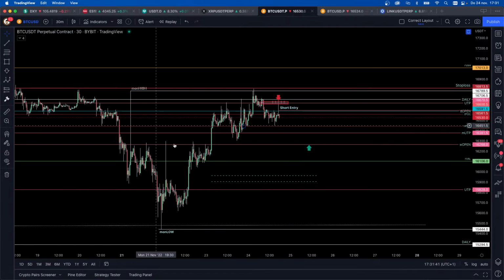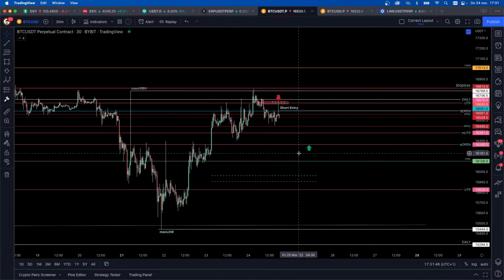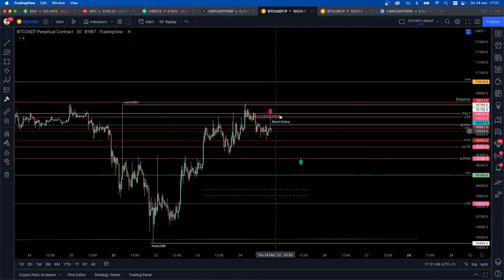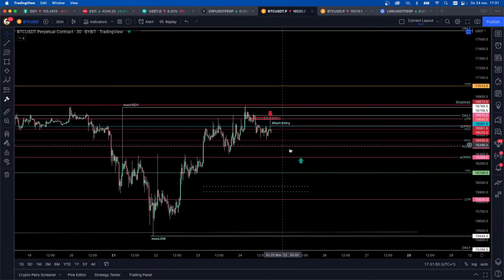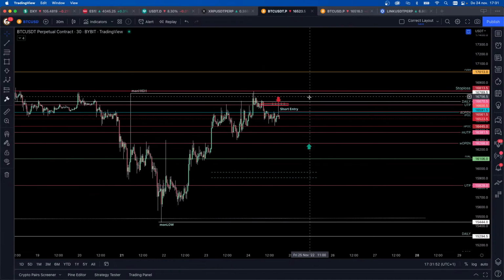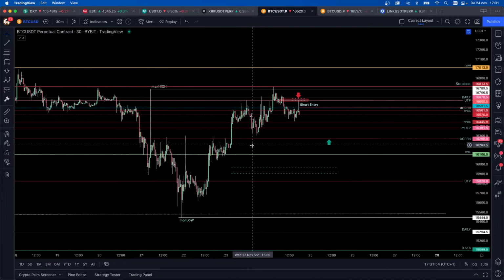I also think that many people would see a move like that and it can trap shorters and just blast higher. That's also in my mind.